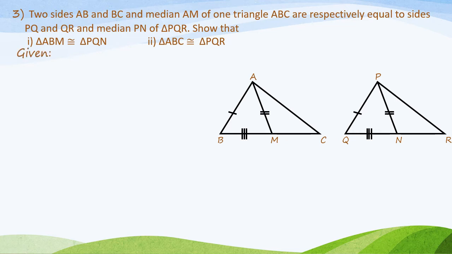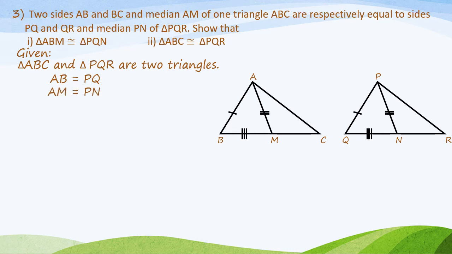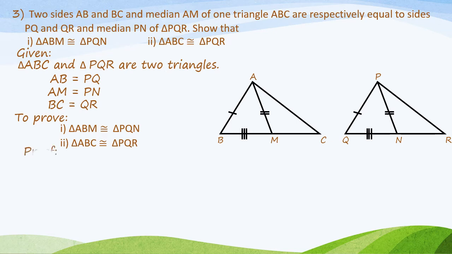So first let us write the given information. Triangle ABC and triangle PQR are two triangles in which AB is equal to PQ, AM is equal to PN, BC is equal to QR. To prove: triangle ABM is congruent to triangle PQN, triangle ABC is congruent to triangle PQR.